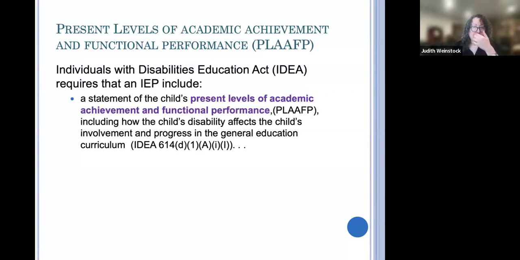So, present levels of academic achievement and functional performance. This is the statute defining present levels, and it's very specific. It's the statement of their present levels, including how the child's disability impacts the child's involvement and progress in the general education curriculum.